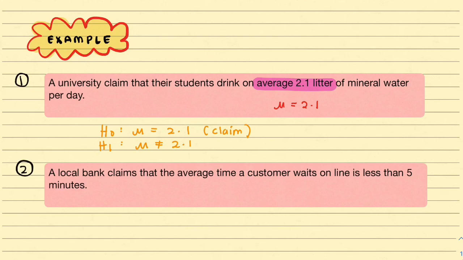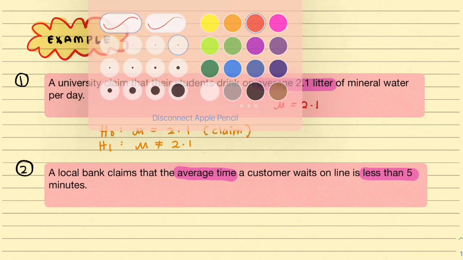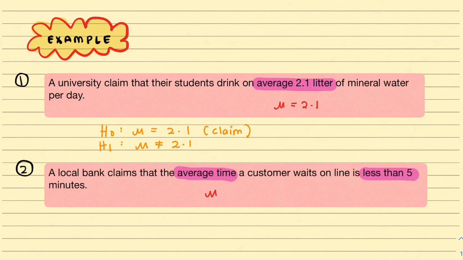Second question, a local bank claims that the average time a customer waits online is less than 5 minutes. So mention here average time and less than 5. So the parameter involved is mu less than 5. So do you have any equality statement here? No, right? So this one will be at your alternative hypothesis.